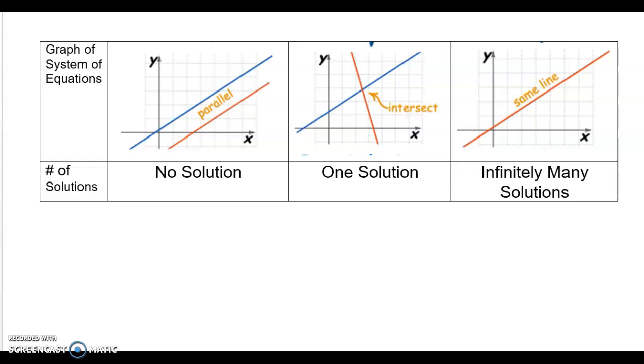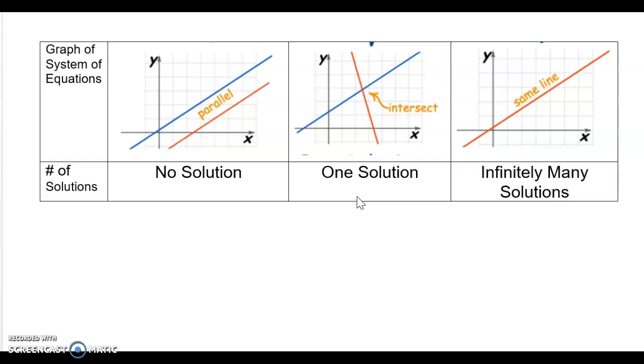Graphs of systems of equations can look three different ways, really. This first way, you see two parallel lines. And if you have two parallel lines that are graphed, then there is no solution to that set of lines. If you have intersecting lines, there is one solution.